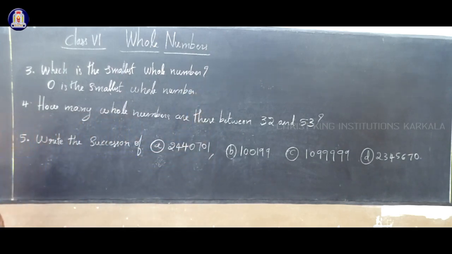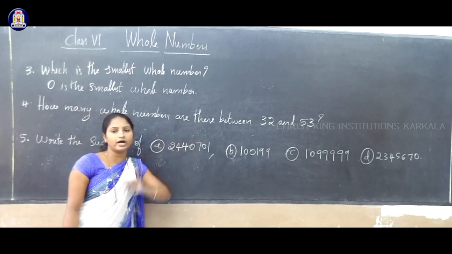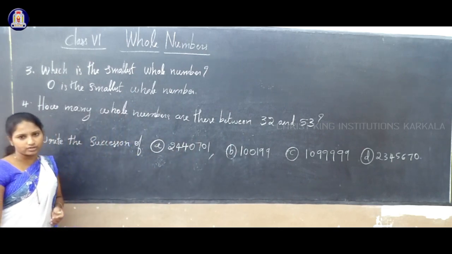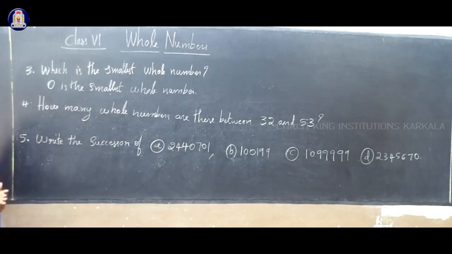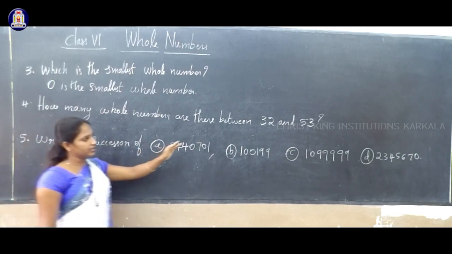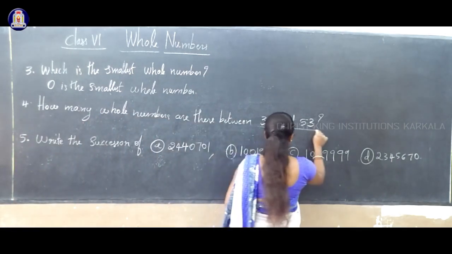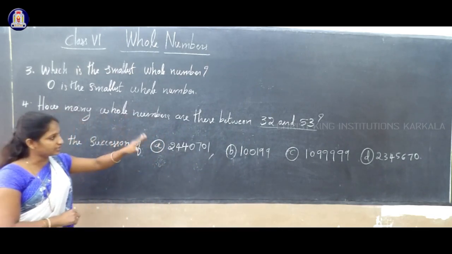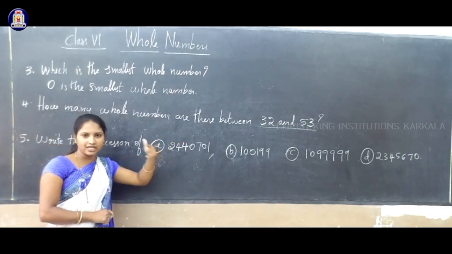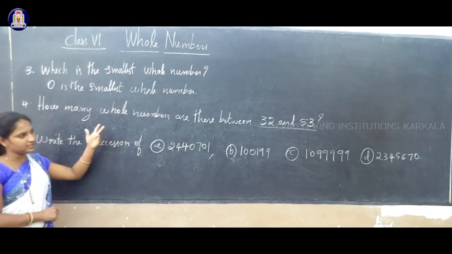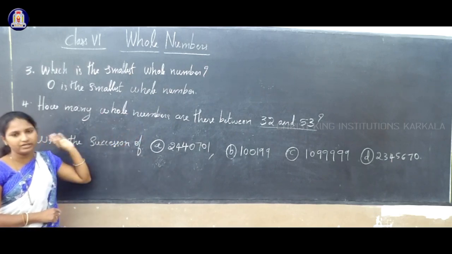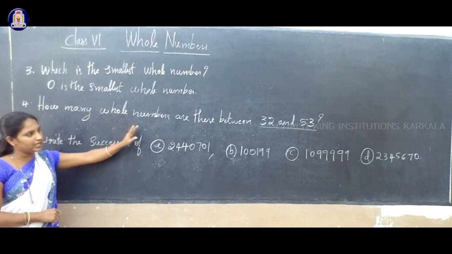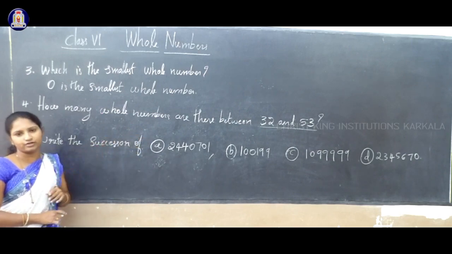Yes. The next question: how many whole numbers are there between 32 and 53? If you start counting from 32, next 33, 34, 35, like this you can continue and find how many whole numbers there are between 32 and 53. Clear?